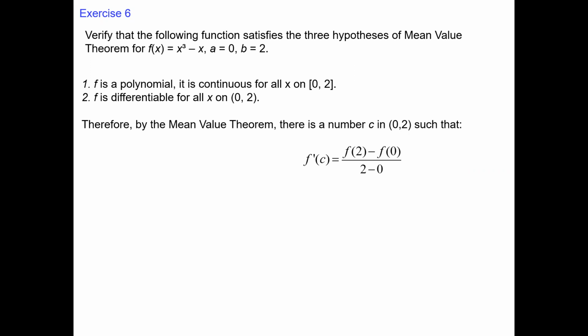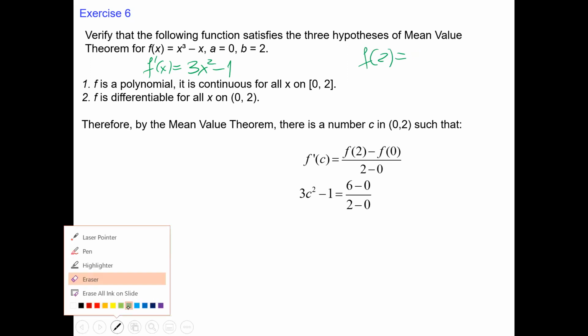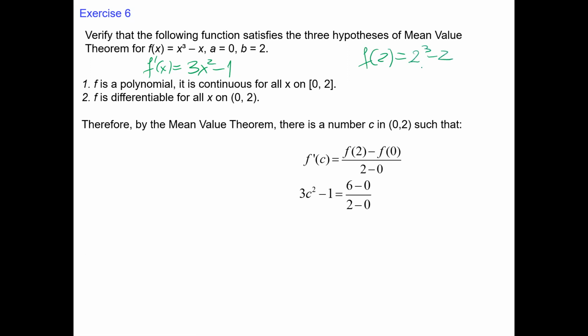Let's find out, because it's still not complicated. Finding the derivative of this function is 3x squared minus 1. Instead of x, I can substitute c, 3c squared minus 1. Value for 2 will be 2 cubed minus 2, value for 0 will be 0 cubed minus 0.